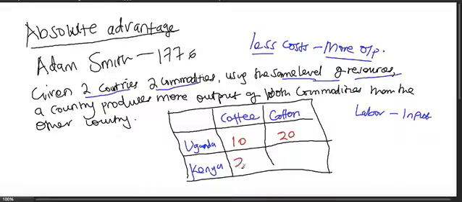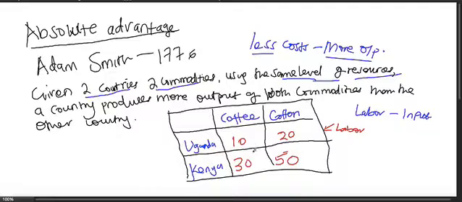Kenya needs 30 workers to produce the same output, and Kenya also requires maybe 50 workers to produce the same output of cotton that is produced by 20 workers in Uganda. Then what we're talking about here is the labor input or the costs. We're assuming labor is our only cost which is incurred.